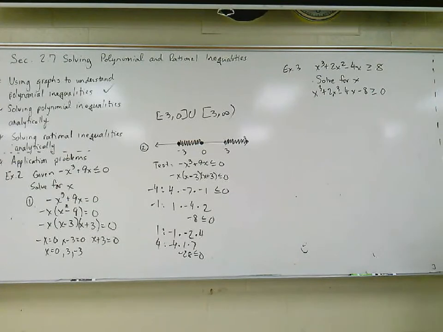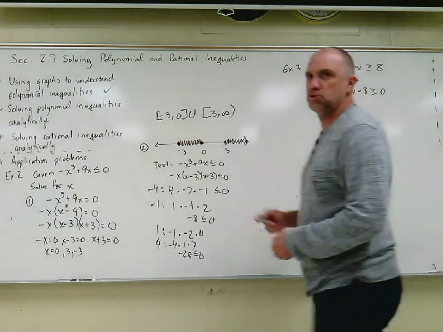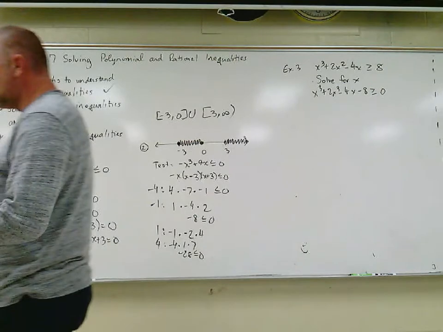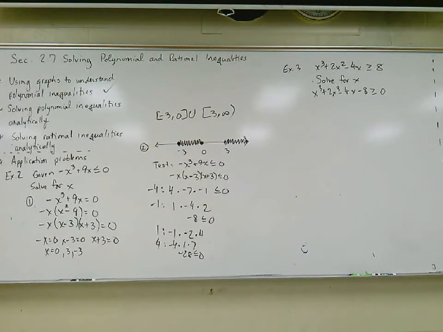And then you go through the steps. How many solutions should you get? Should get 3. You could always get a double root. That's possible, so be on the lookout for that.